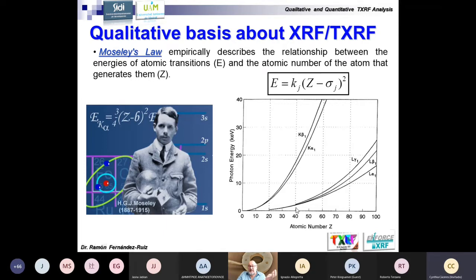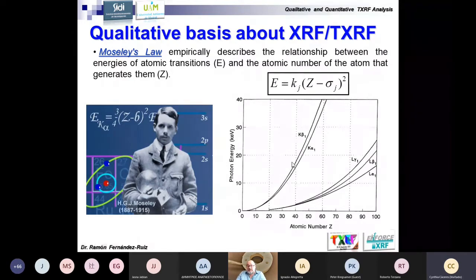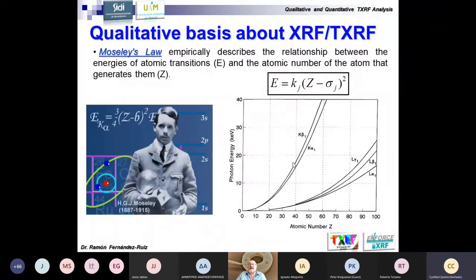In this case, for any atomic number, that is any element, if we trace a vertical line, the contacts represent the energies where we are going to form the peaks associated to this atom. This is the method to obtain the general database of energy position and transition.